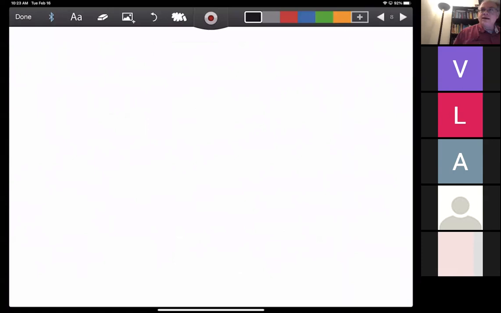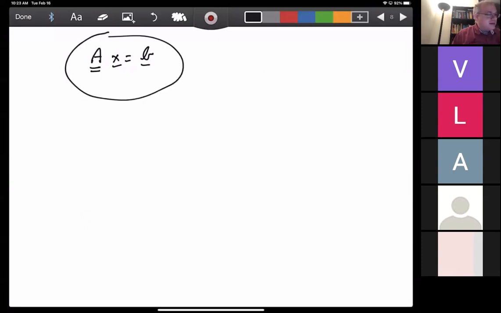Okay, so we mentioned previously that we could collapse our linear system into a very compact representation. And to understand how this works, we have to understand how matrix multiplication works.